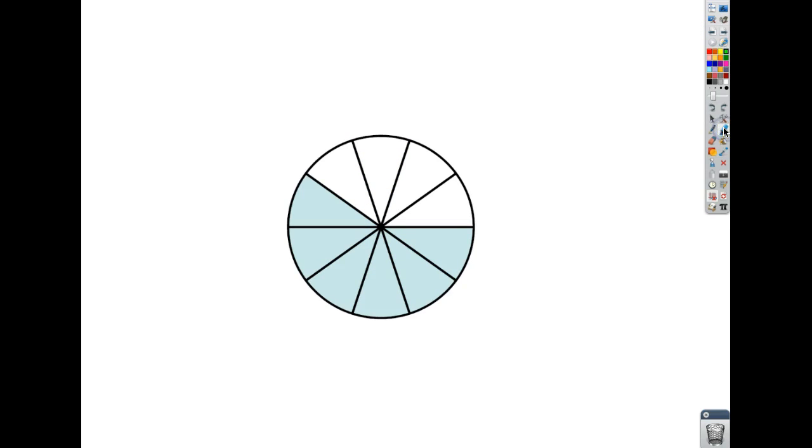How far is it from here all the way to there? Go. Okay, again, there are 10 segments on this one, so we have 360, divide that by 10. I get 36 degrees in each segment.